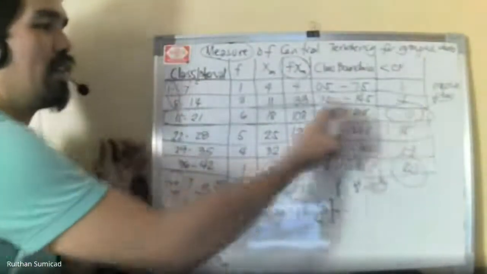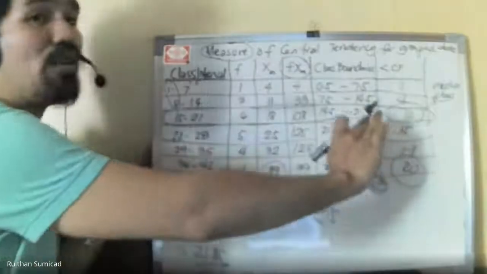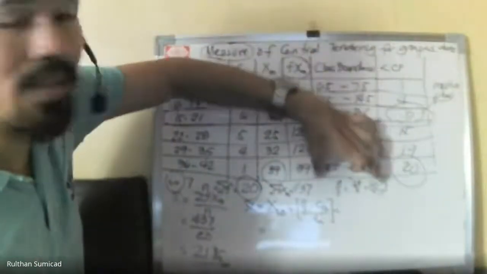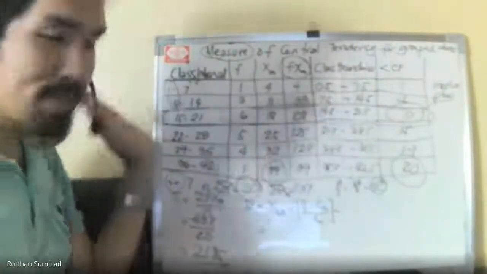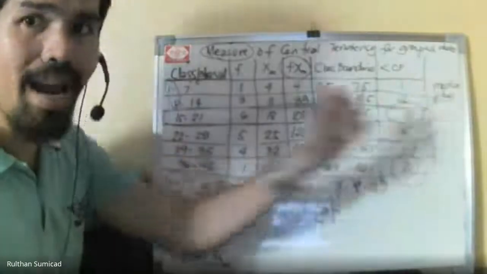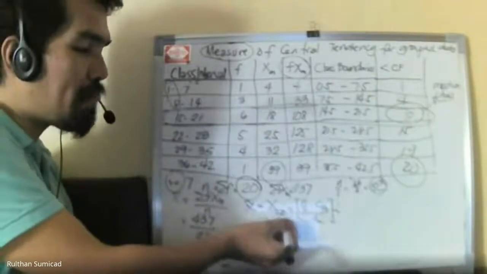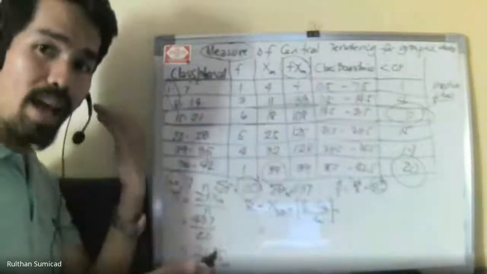Exactly. This is our interval, right? Others were too excited and failed to realize what the question really was. Okay, this is our interval. So in this interval, we're looking for the lower boundary. Class boundary is the second to the last column. The left side are what we call the lower boundaries. The right side are our upper boundaries. We're after the lower boundary, so we are looking at the left side.